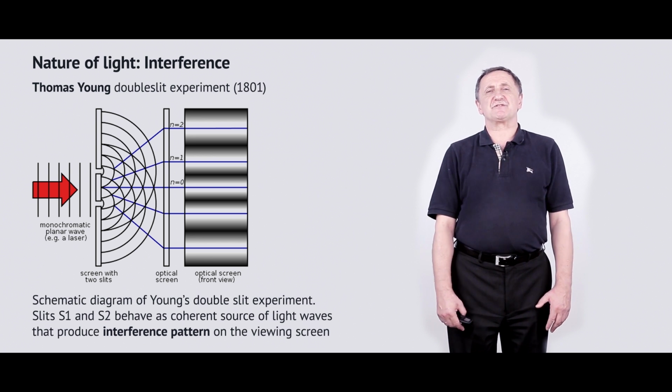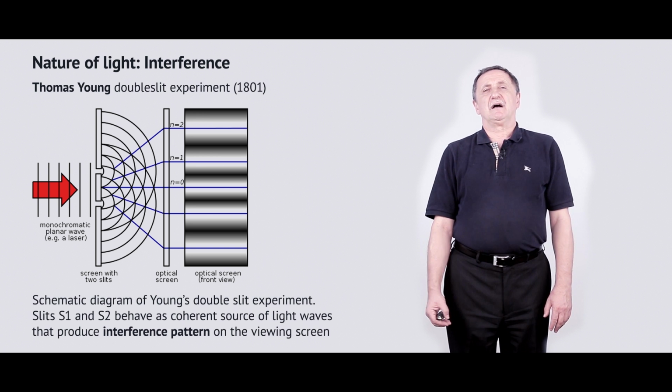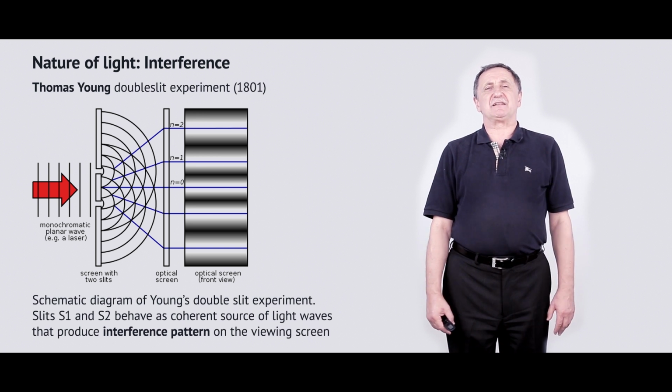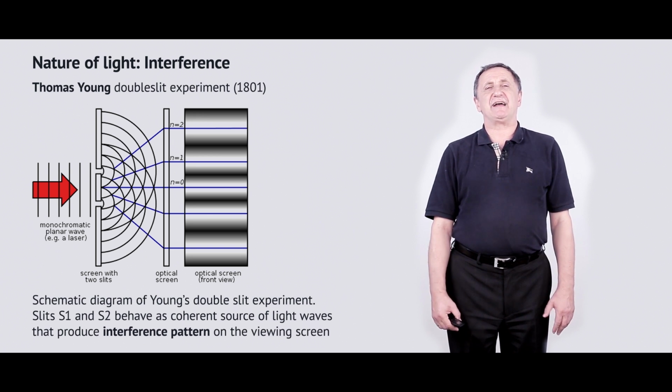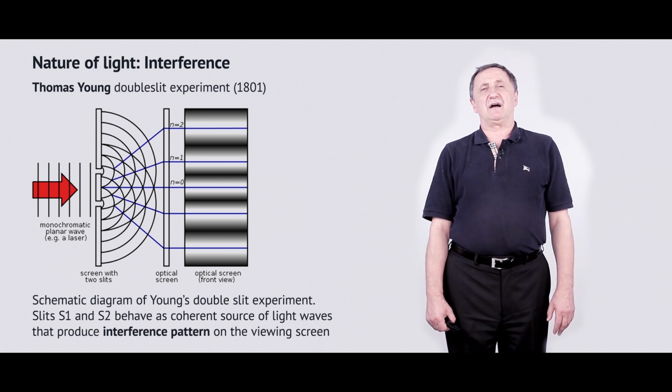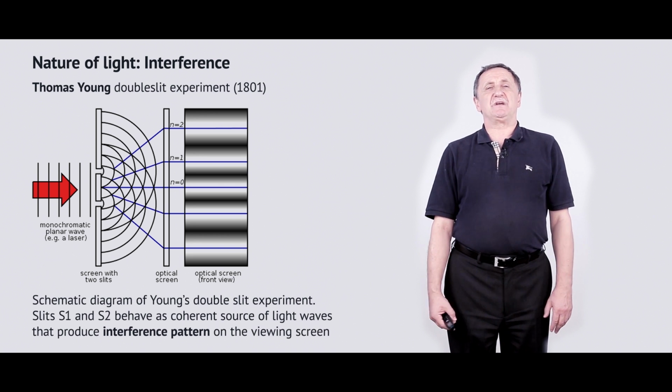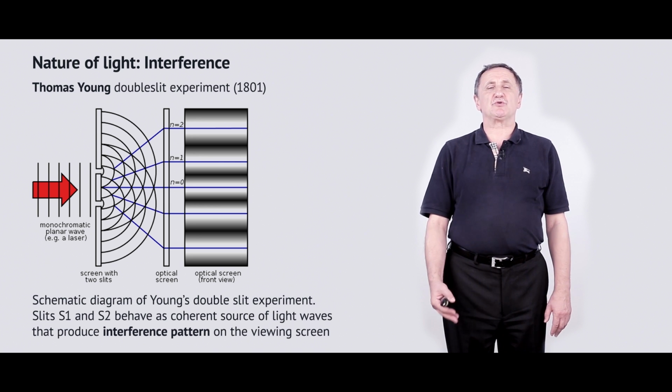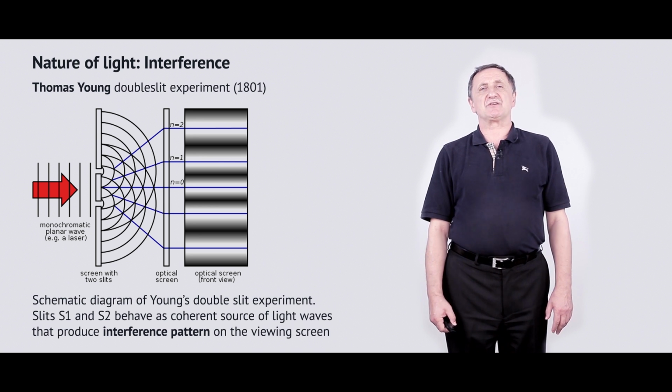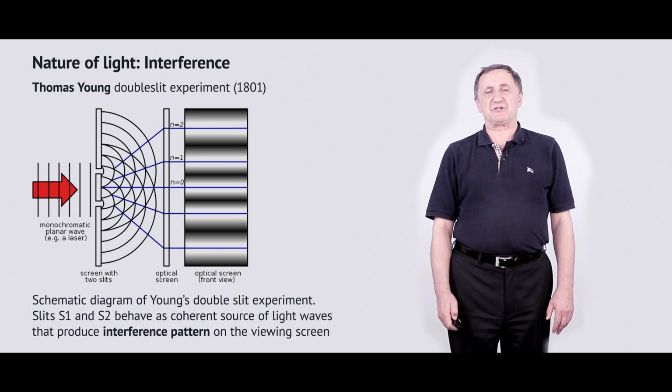This interference phenomenon can be mathematically treated, and you can find, for example, the distance between the two slits S1 and S2 based on the analysis of the interference picture.